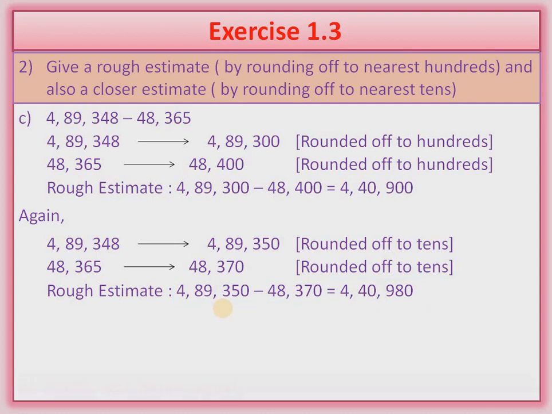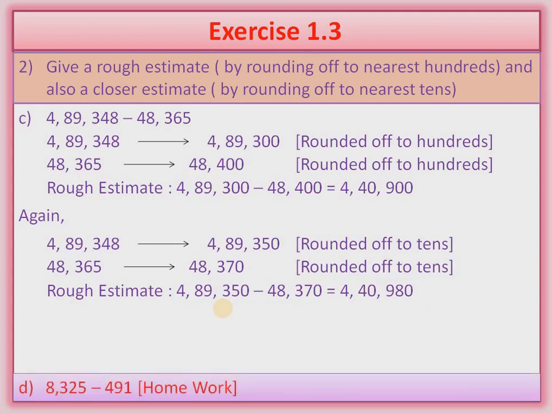Okay, and question number D. 8,325 minus 4,491. आपको ये नंबर को घर पे करना है होमवर्क. ओके, नियरेस्ट 100 एंड बाय राउंडिंग ऑफ टू नियरेस्ट टेंस. क्या करना है? राउंडिंग ऑफ टू नियरेस्ट 100 एंड राउंडिंग ऑफ टू नियरेस्ट टेंस ओनली. क्लियर? Okay, so here question number 2 is over. I have explained A, B and C, and D I have given homework.